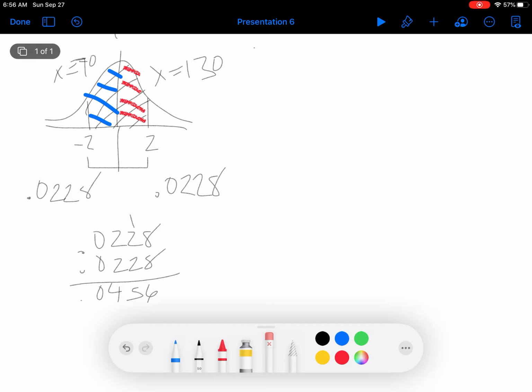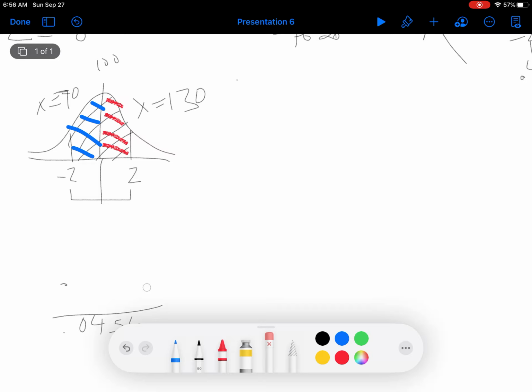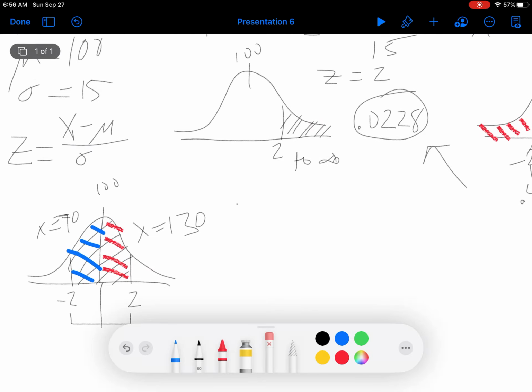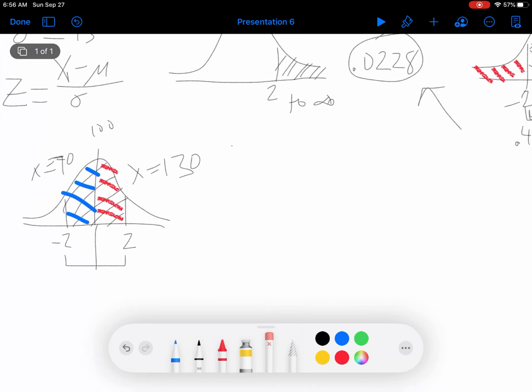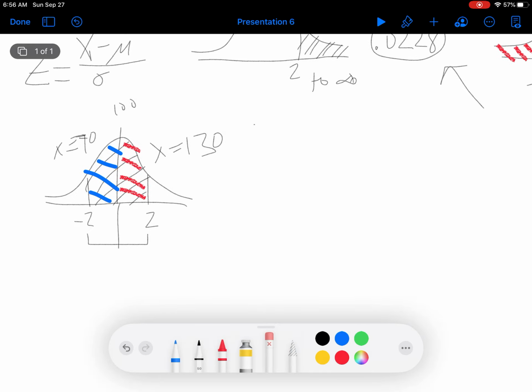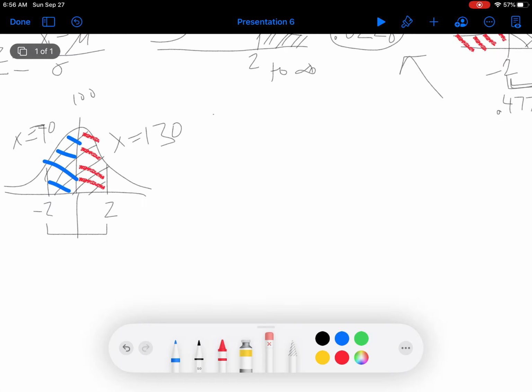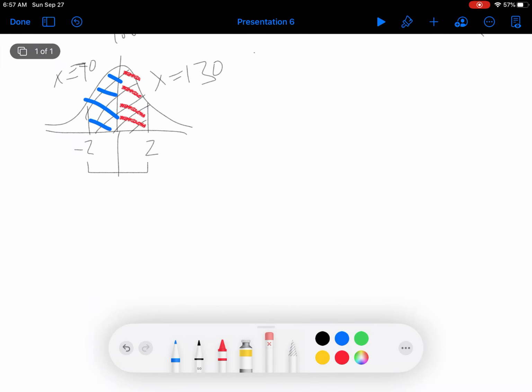It should be more like 90-something% of the distribution, right? If I'm trying to figure out that main part of the distribution. So I've got to get rid of this, and let's try again. I went from z to infinity, even though I knew I needed to go from z to the mean. So if we look from z to the mean here, we know that that is 0.4772. And this is going to work out a little better.